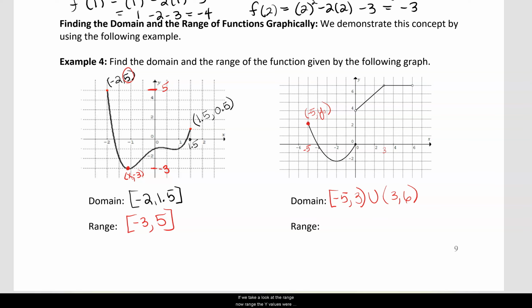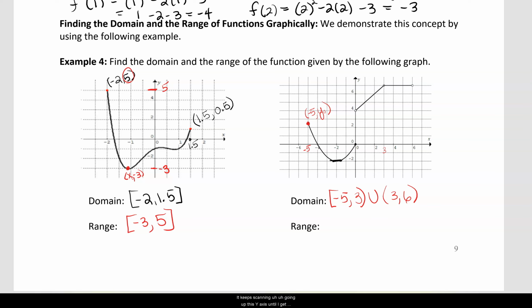If we take a look at the range now, range y values, we're scanning up from the bottom to the top of the y-axis, and the function starts graphing right here, and it just keeps scanning. Now this is where it gets interesting because as I'm scanning, I'm looking left and right.